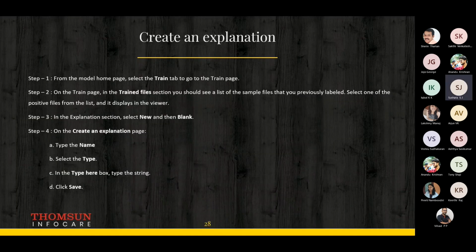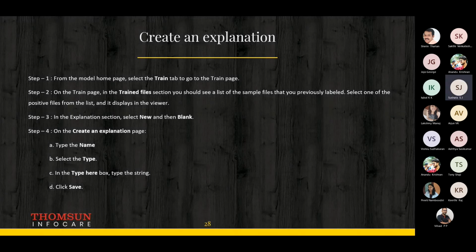The next one is create an explanation. For that, from the model home page, select the train tab to go to the train page. On the train page, in the train files section, you should see a list of sample files that you previously labeled. Select one of the positive files from the list and it displays in the viewer.